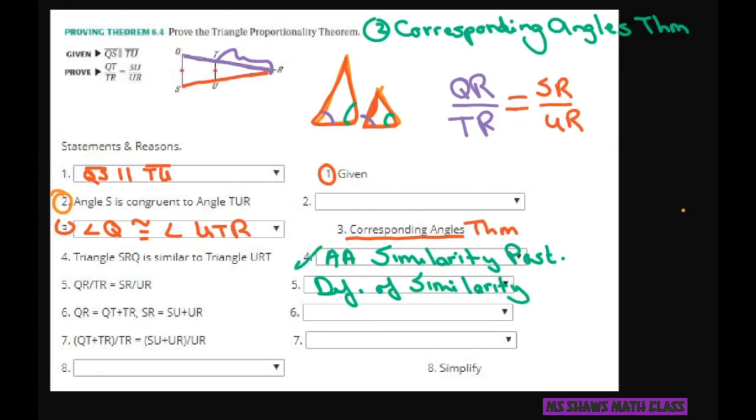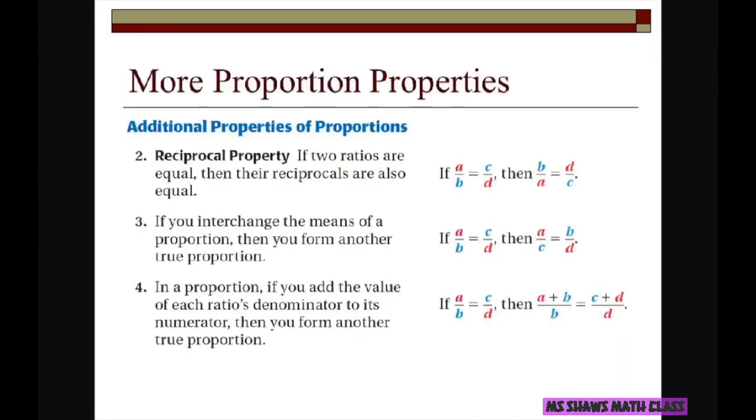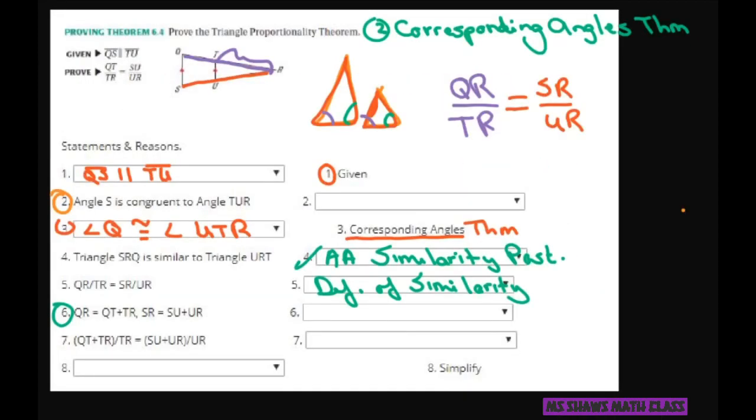So now let's look at number 6. For number 6, we have QR equals UT plus TR. And let's look at it over here. Whoops, sorry. QR equals these two added together.